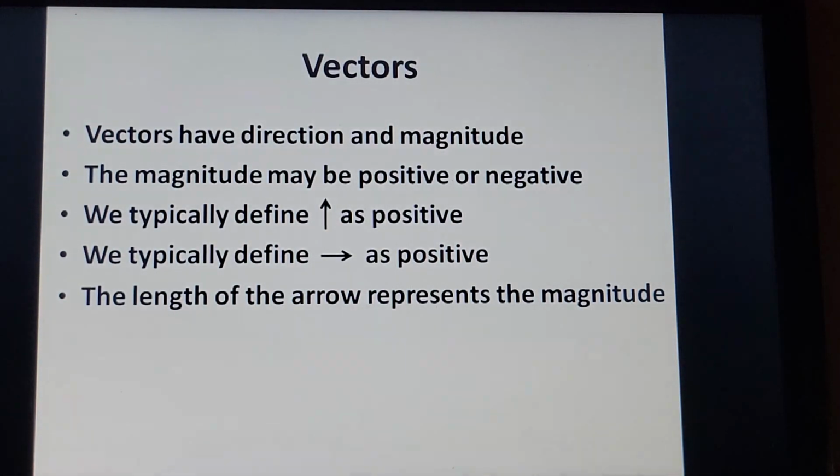If you have a race car going from left to right, you could define left to right as being the positive direction. Acceleration going in a positive direction would be a positive acceleration. Velocity in the positive direction would be a positive velocity. Displacement, if you end up further right than where you started, that's a positive displacement.